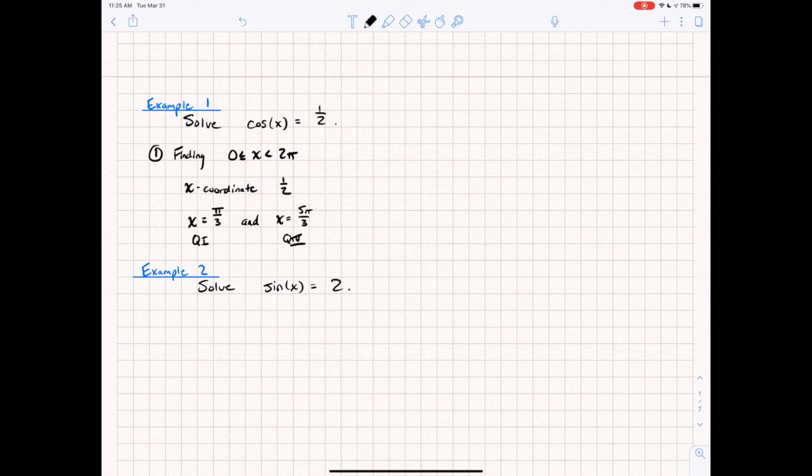And this is also an important fact when it comes to thinking about cosine representing an x value, because if I go to a circle, and this is just going to be a really quick circle, notice that I'm essentially saying for cosine, where is x 1/2? Well, this is the vertical line at 1/2, which means whatever my solutions are, they're always going to be directly above one another.